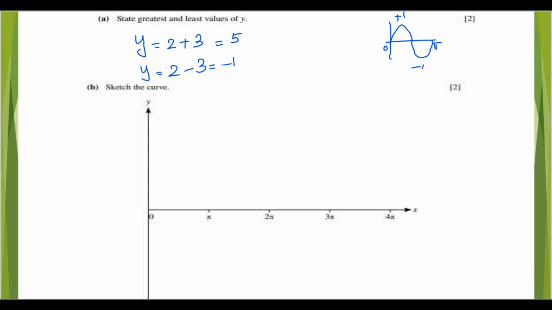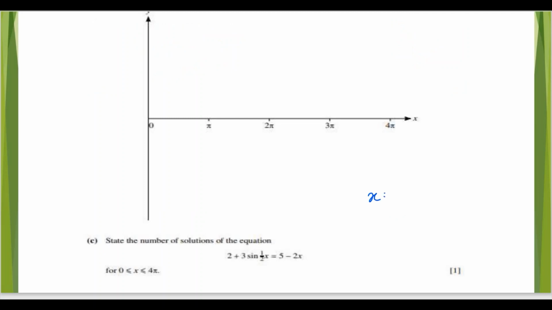The next part of the question is sketch the curve. So let's write the x values: 0, pi, 2 pi, 3 pi and 4 pi.